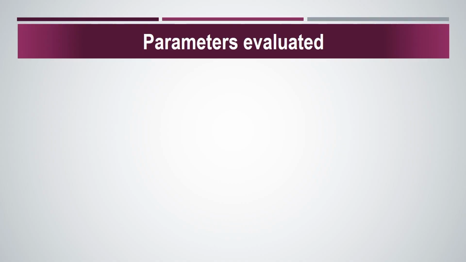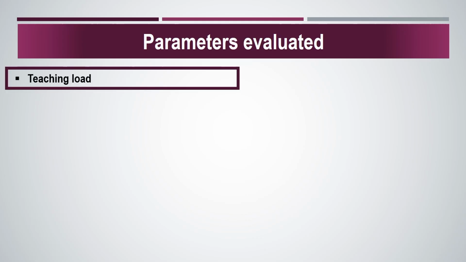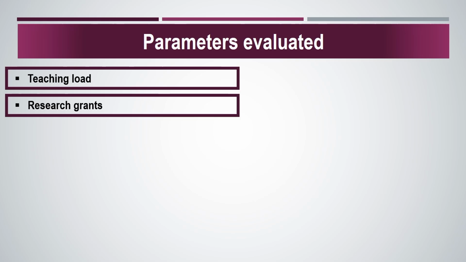Now let us talk about what are the parameters through which a faculty member is evaluated. The most important parameter for a faculty member is basically his teaching load: how many courses he has taught during that particular calendar year. Next, which are the organizations he has applied to and from where he has obtained research grants.